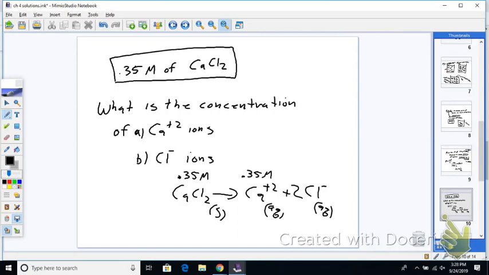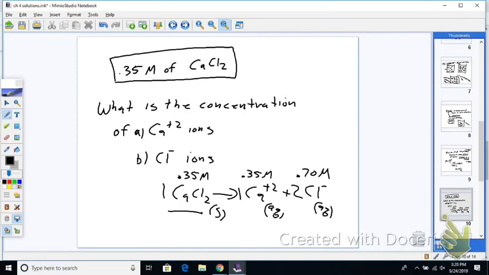0.35 molarity, because it's a 1-to-1 ratio. So what would be the molarity of chlorine ions? It would be 0.7 molarity, right? It's just that ratio thing. So the calcium ions would be 0.35 molarity, and the chlorine ions would be 0.70 molarity, because CaCl2, when it breaks apart, doubles its chlorines for every 1 calcium chloride.